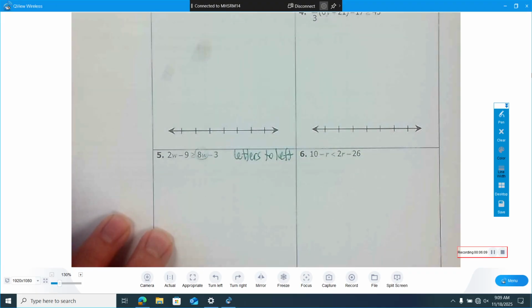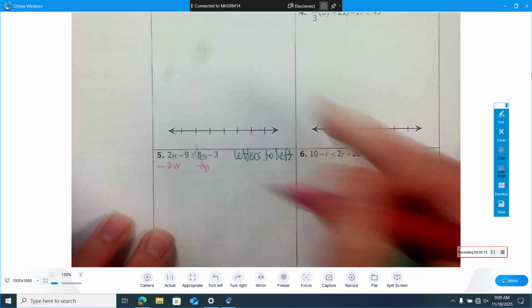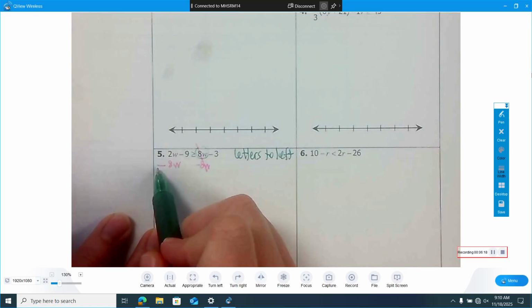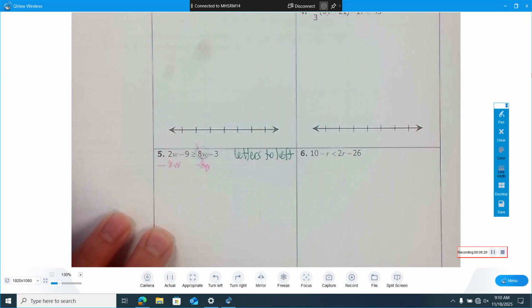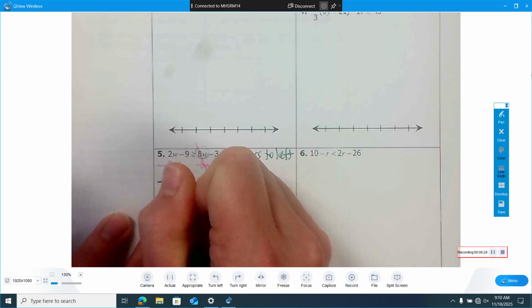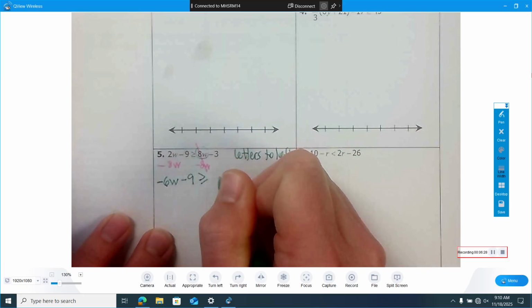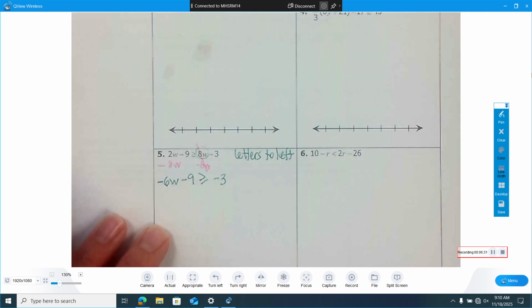And how do we move it to the left? Subtract 8W. So I have 2 W's subtracting 8 W's. What does that give me? Negative 6 W's. Good. And then I have the negative 9 is greater than or equal to negative 3.